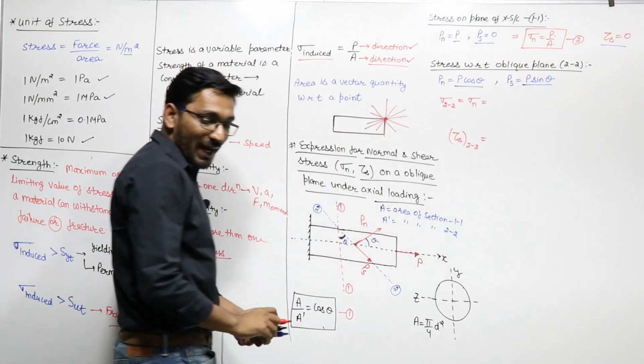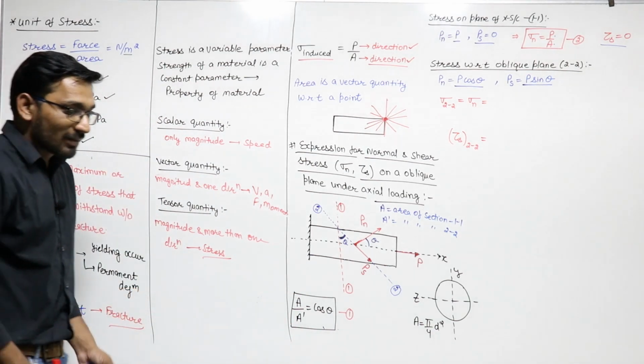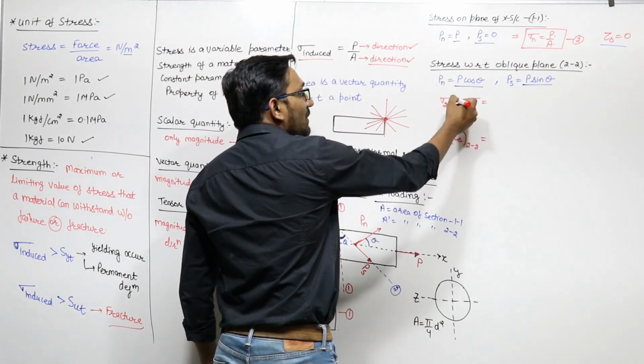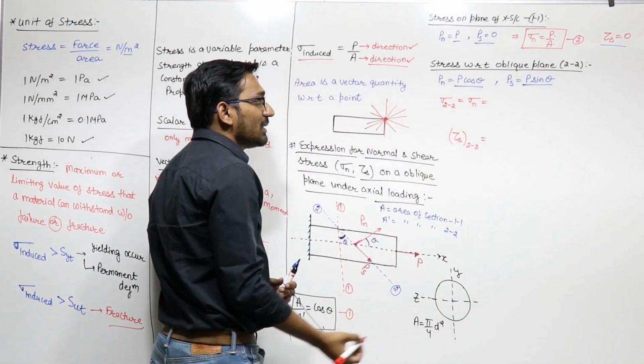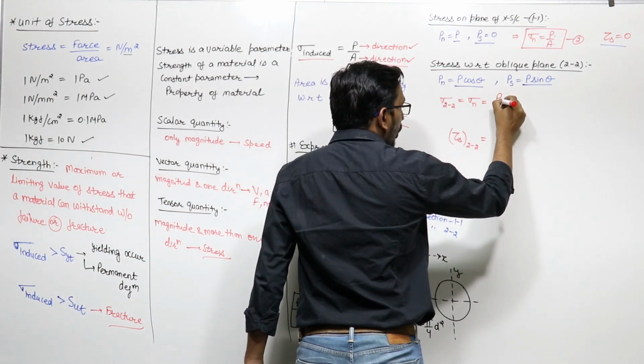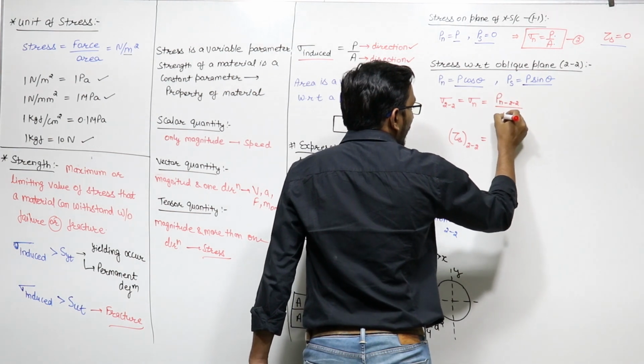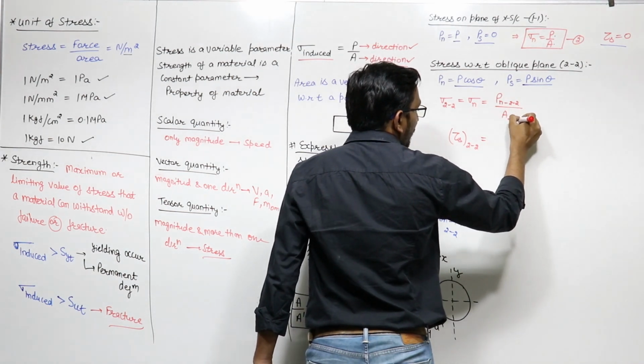So if you want to write the normal stress on the oblique plane, that is sigma 2, it will be equal to normal load on the oblique plane divided by area of the oblique plane.